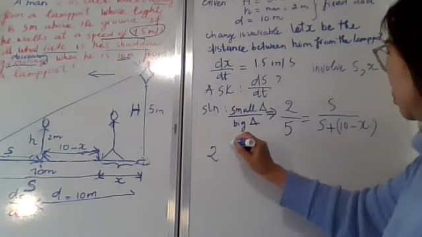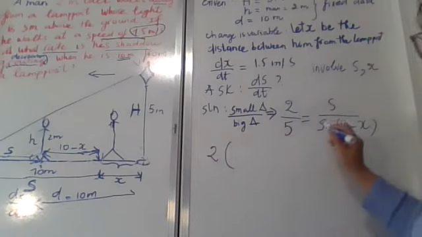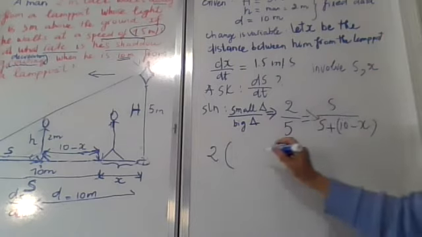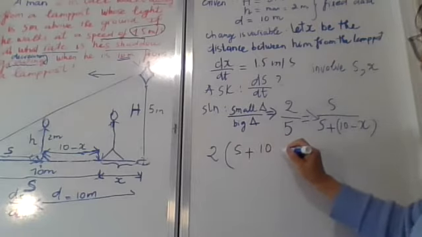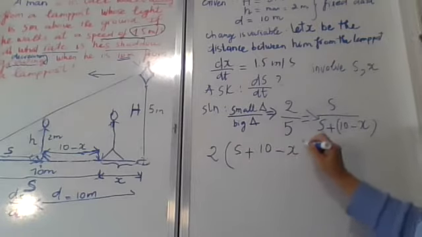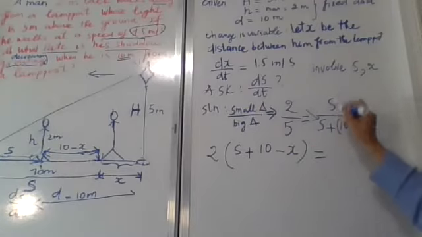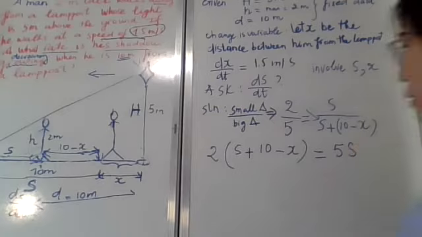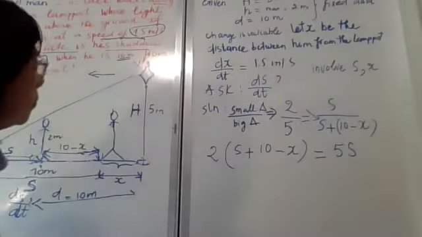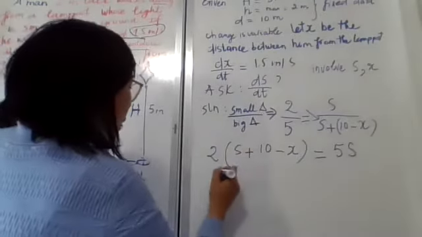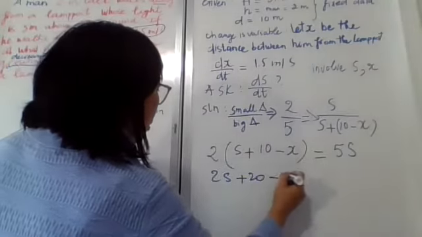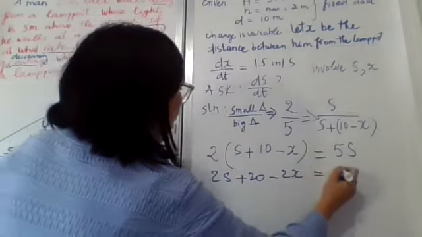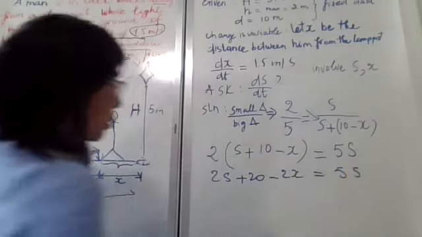So we have 2 times this, s, adding with 10 minus x, equals s times 5, which is 5s. S stands for shadow, right? So now distribute inside, we have 2s, adding with 20 minus 2x equals 5s.